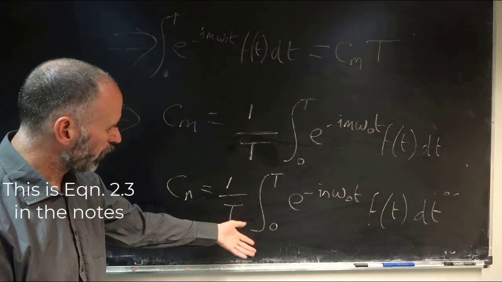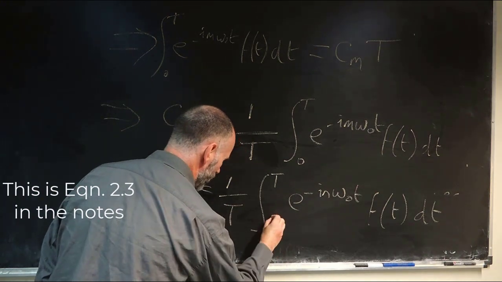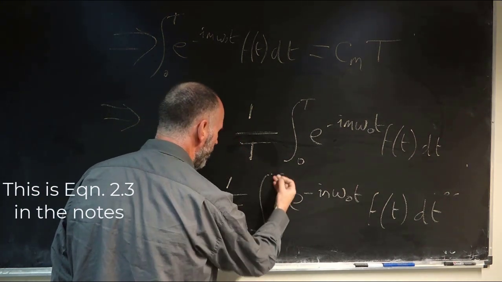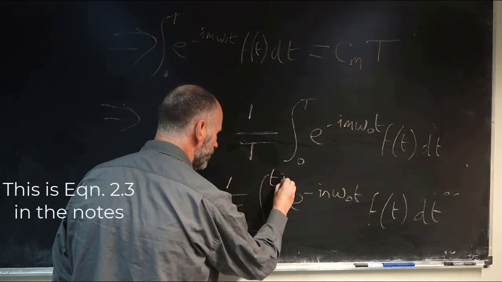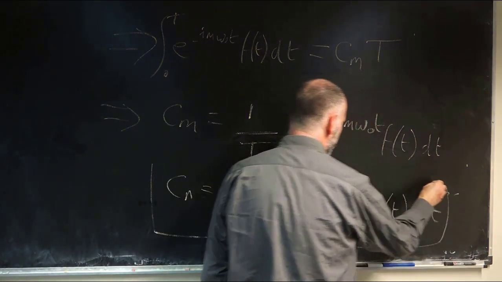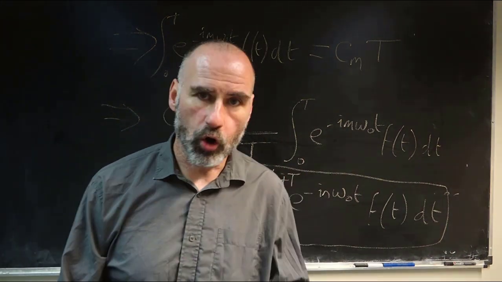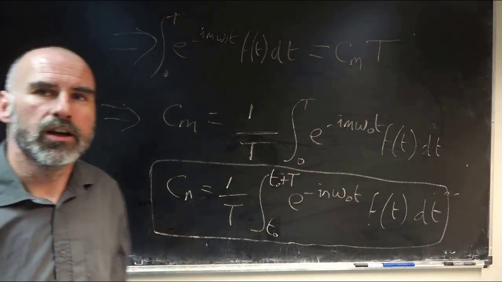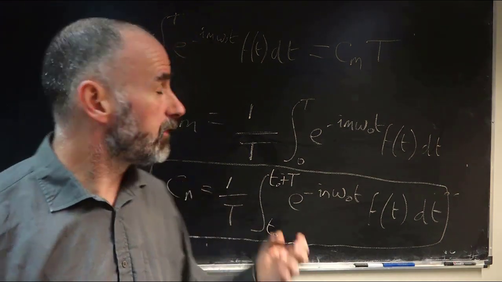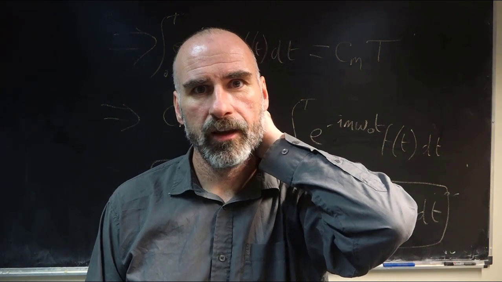Now we can go back to putting whatever arbitrary start on this we like, so we can shift this along. As long as we do it over one period, we're fine. And that is equation 2.3 in your notes for the coefficients associated with the Fourier series expansion for a function.